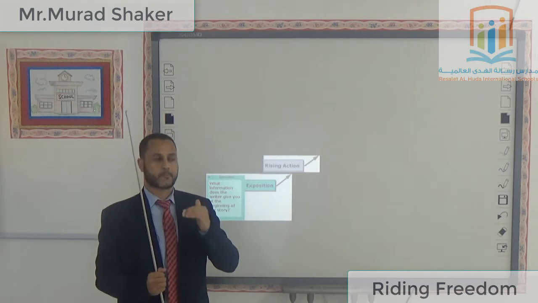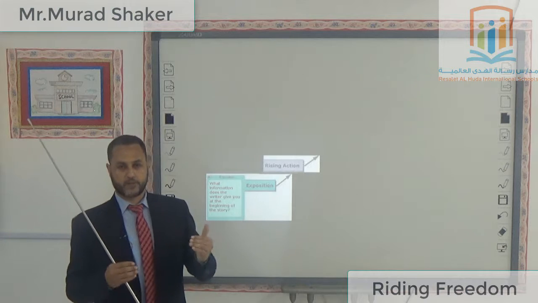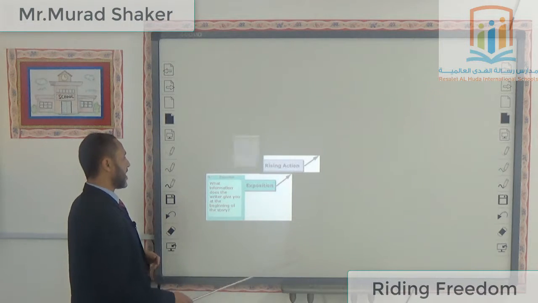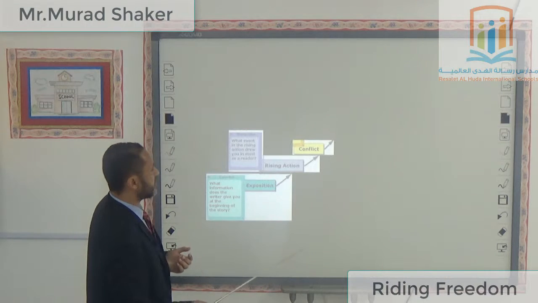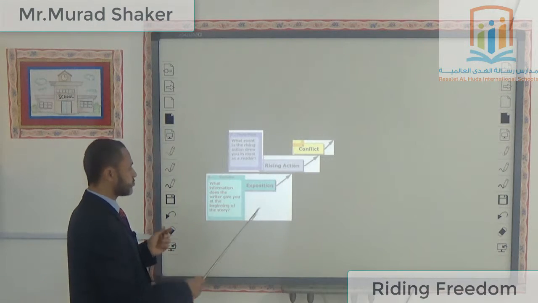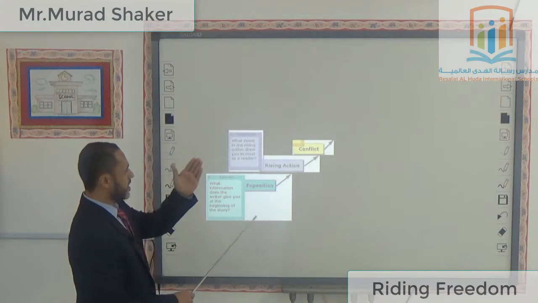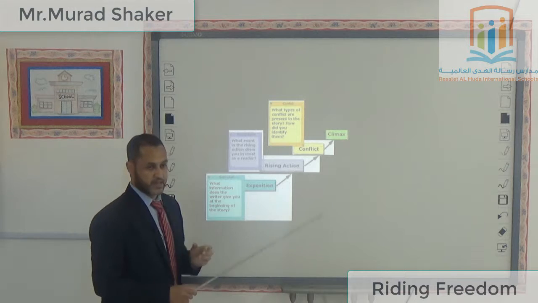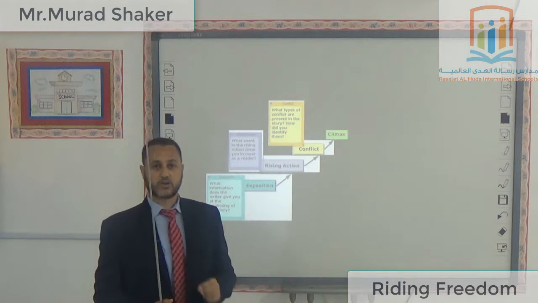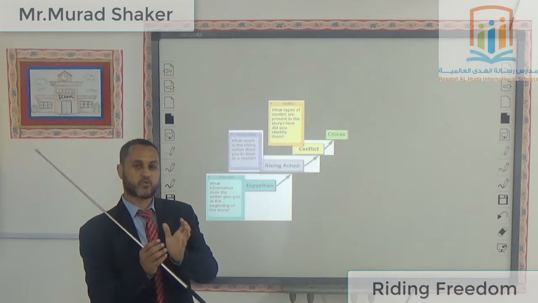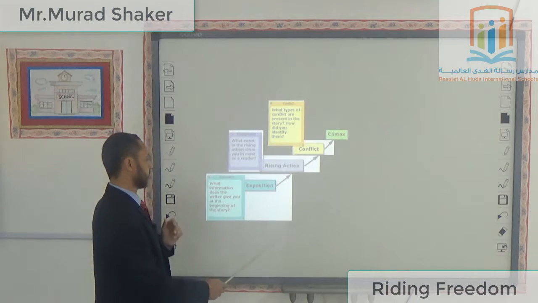Rising action is the beginning of the problem or the beginning of the conflicts. After that, here we have conflict. So if you look here, you will find that we are going up to the most complicated point, climax. Climax is the most complicated point in the story. The big problem. Here we have to find the solution for it.